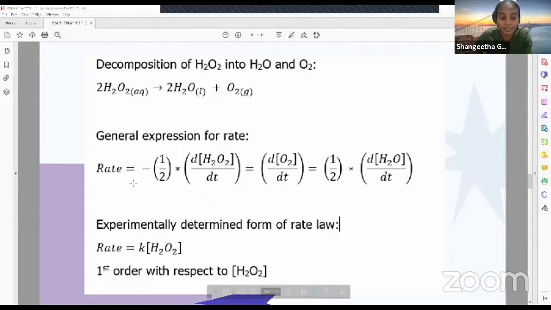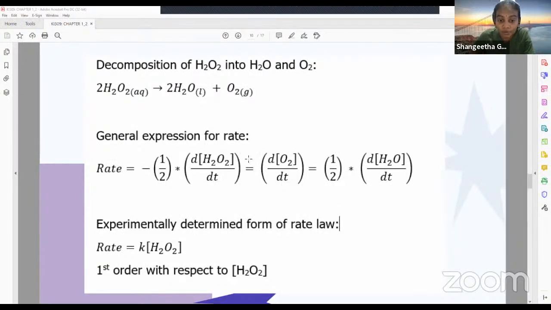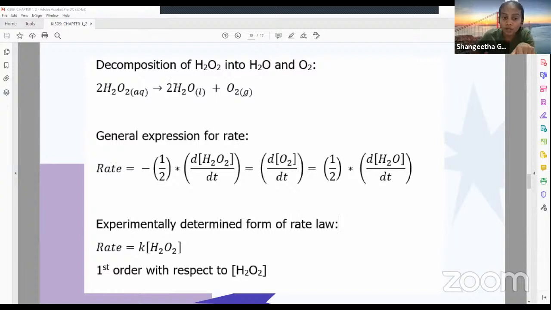So it's negative 1/2 times d[H2O2]/dt, the differential in the concentration of H2O2 over time, which will be equal to the differential in the concentration of oxygen, your product, over time. Because you're forming oxygen, there is no negative in front, which also equals 1/2 of d[H2O]/dt. So this is the general expression for the rate of reaction.